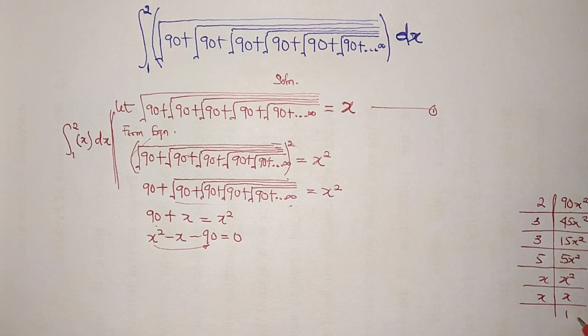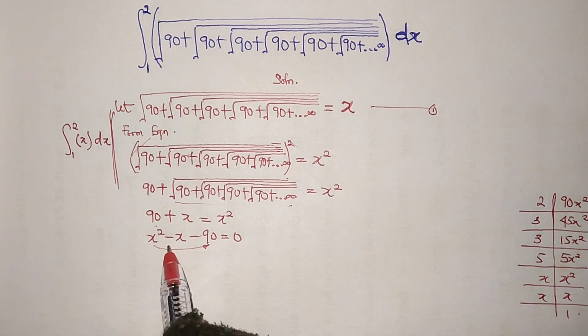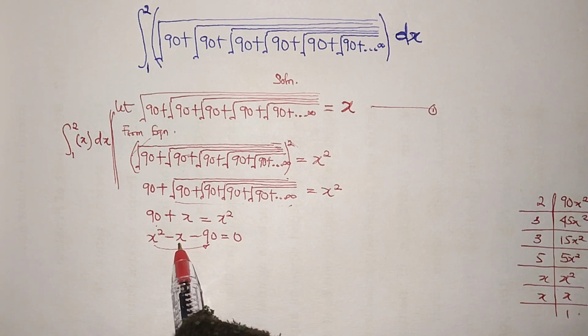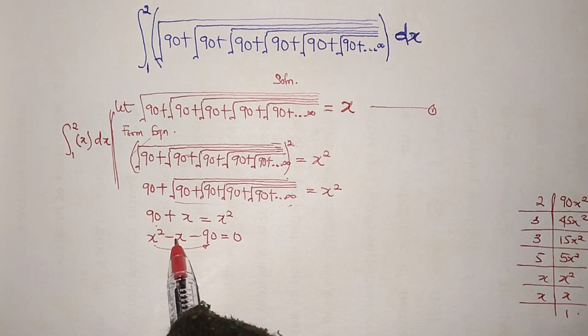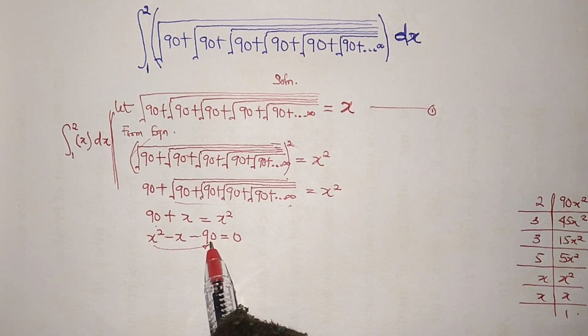So finally, we have determined the factors here. We now find the two factors that, when we add them, give minus x, that is, a coefficient of minus 1, and when we multiply, give minus 90.